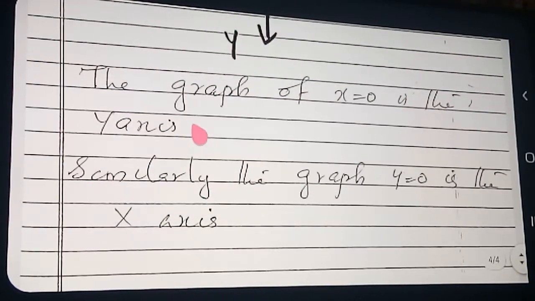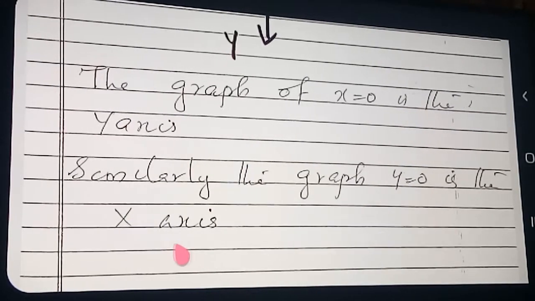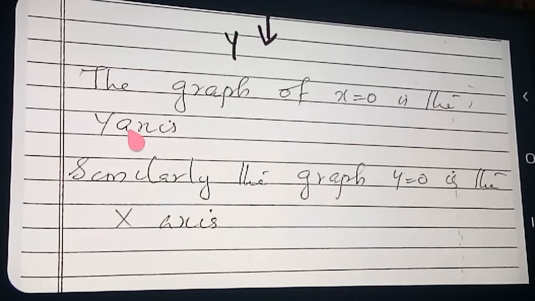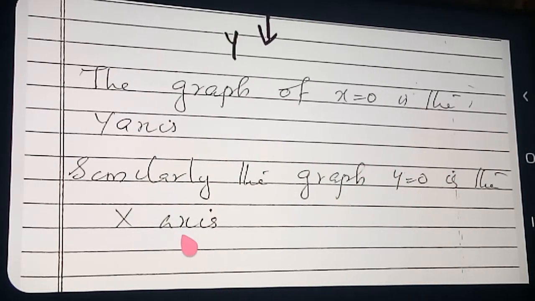The graph of x is equal to 0 is the y-axis. Similarly, the graph of y is equal to 0 is the x-axis. The graph of y is equal to 0 is the x-axis.